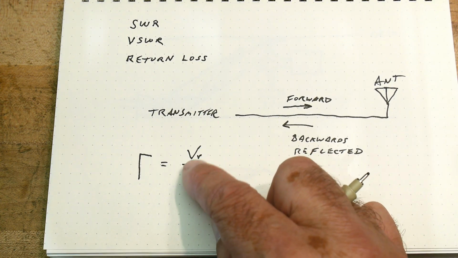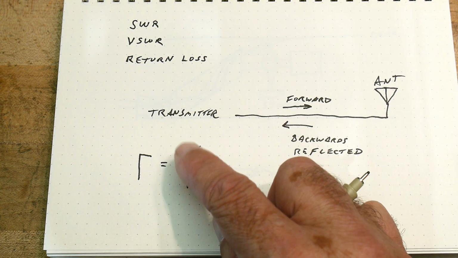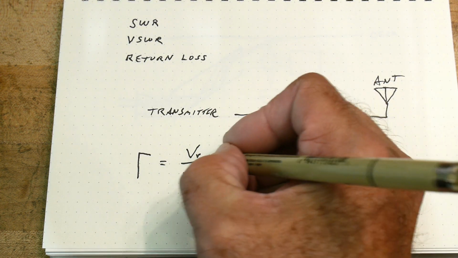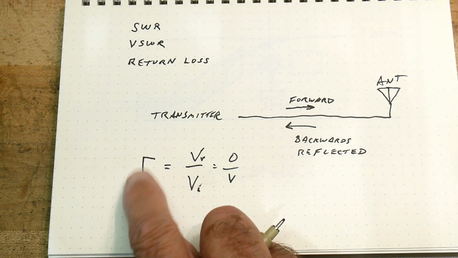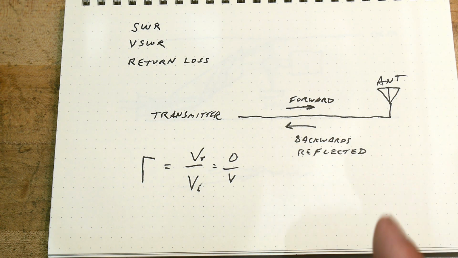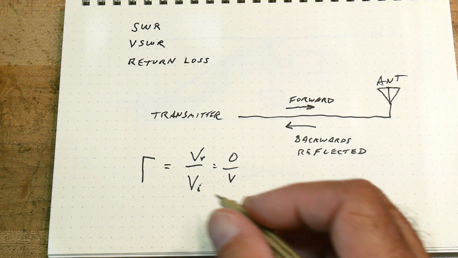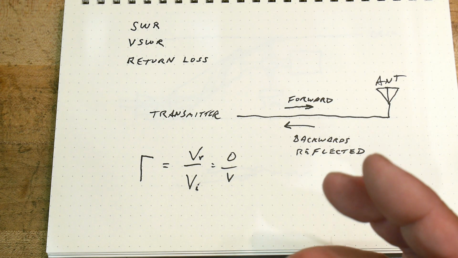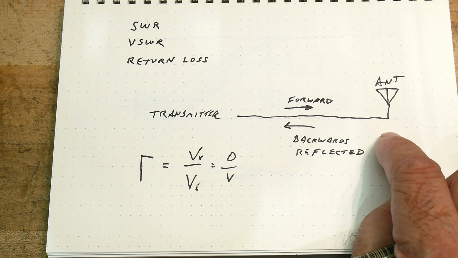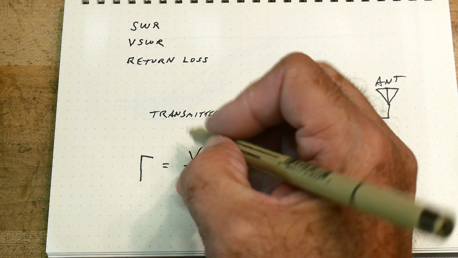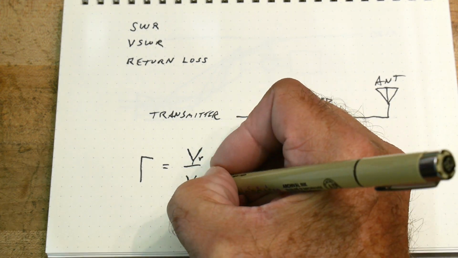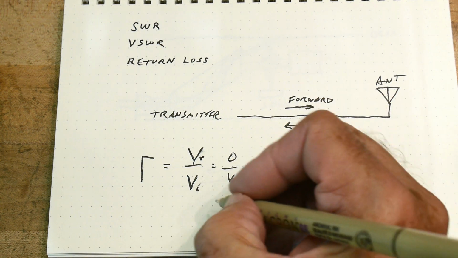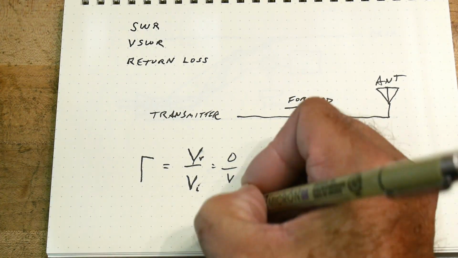So ideally you do not want any return voltage. You want this to be 0 over something, right? And so a gamma of 0 is a perfect match. And if you have the worst condition, let's say you have a short, okay, then you will have the same amount of voltage returned as the amount of voltage coming in. So you'll end up with V over V equal to 1.